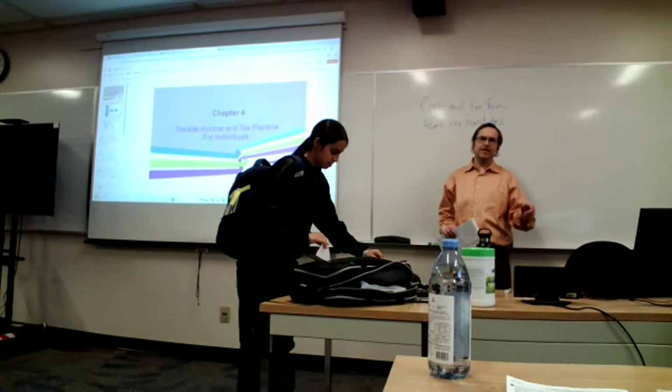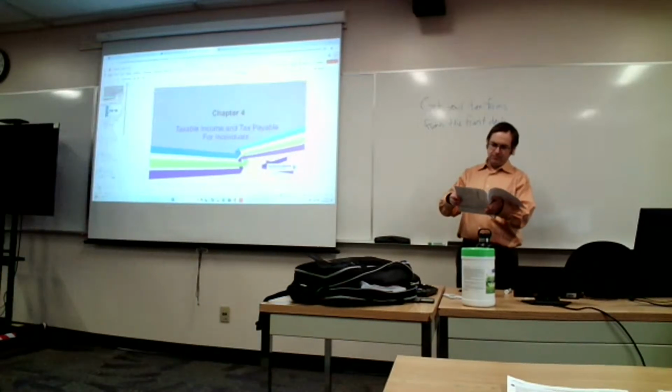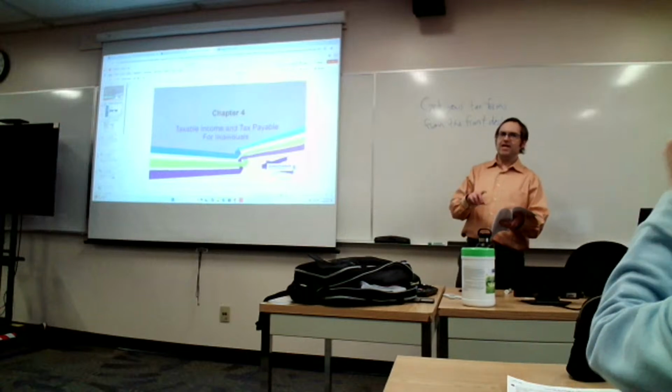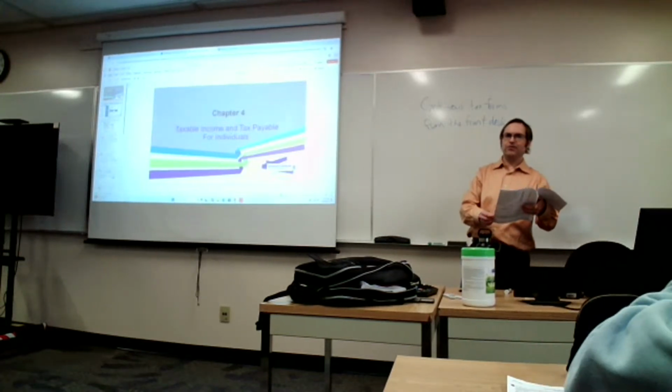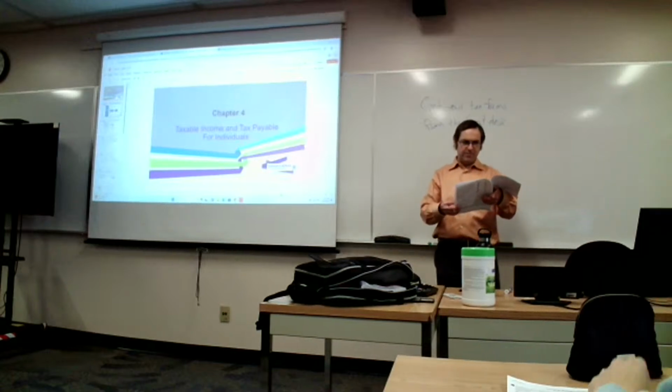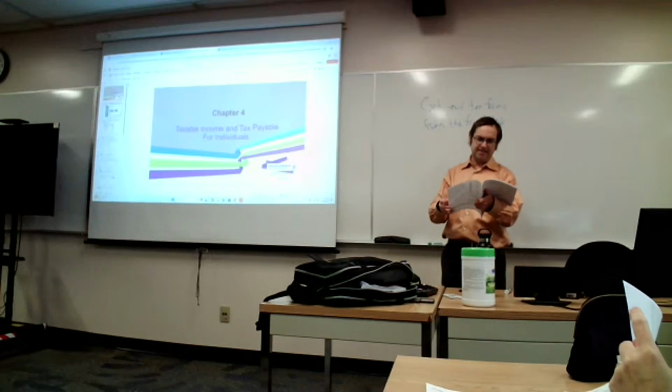After we get our taxable income, we figure out our taxes owing. Taxes owing, we do that calculation on page 5. And then right after we figure out the taxes owing, we look at the credit. So where we're going to be at for this LO for chapter 4 is basically page 5 and page 6.